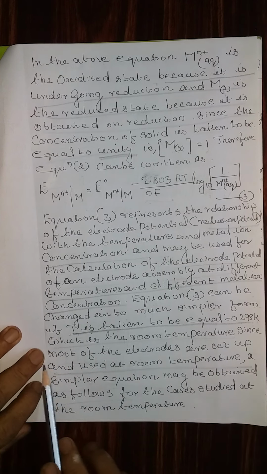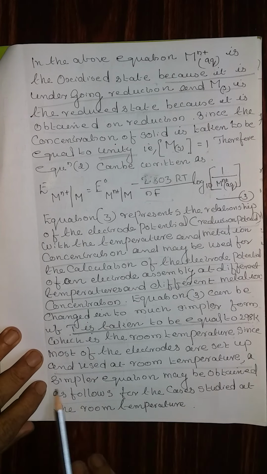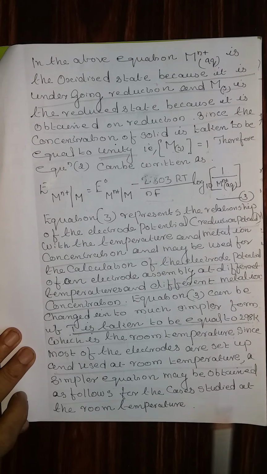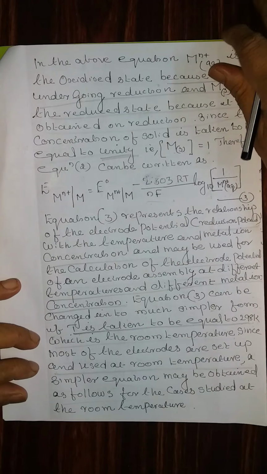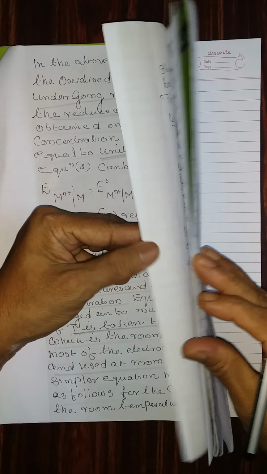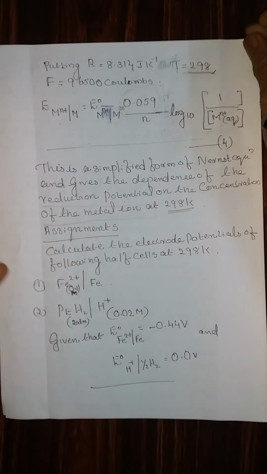And since most of the electrodes are set up and used at room temperature, a simpler equation may be obtained as follows for the cases studied at room temperature. That means we are going to substitute the value of T, and all other values which are constant also we put in and find out a value.